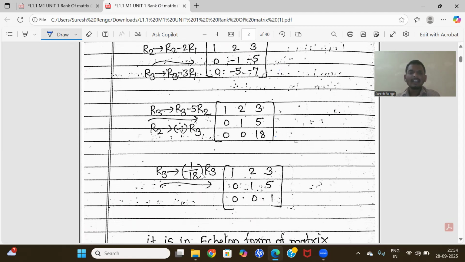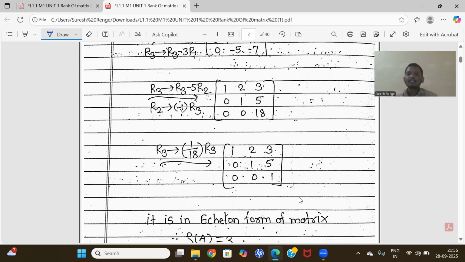R3 को 18 से डिवाइड करो. There is no change in R1 and R2; we write 1, 2, 3 and 0, 1, 5 as they are. 0 multiplied by 1 by 18 is 0, another 0 times 1 by 18 is 0, and 18 multiplied by 1 by 18 is 1.